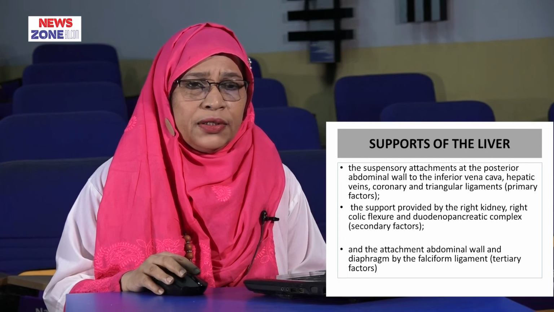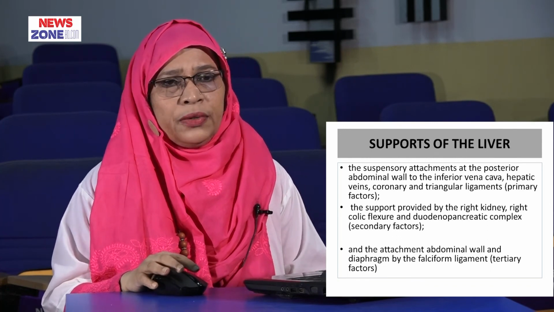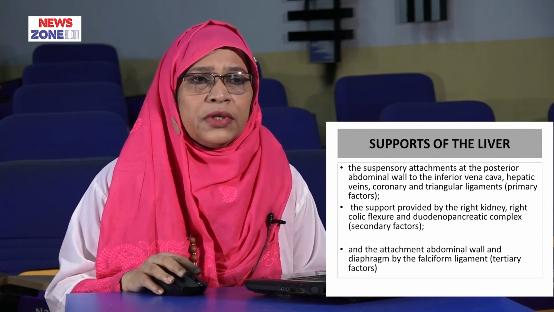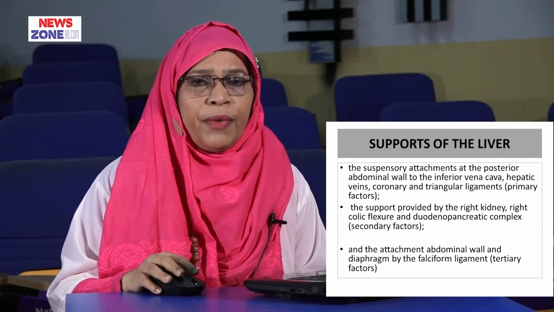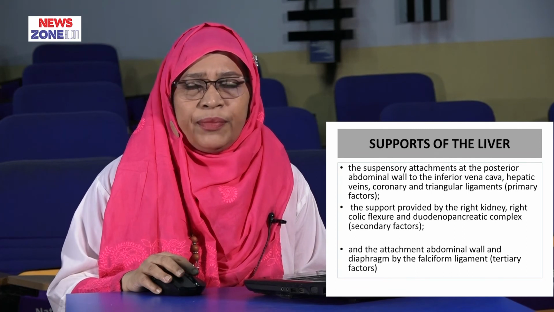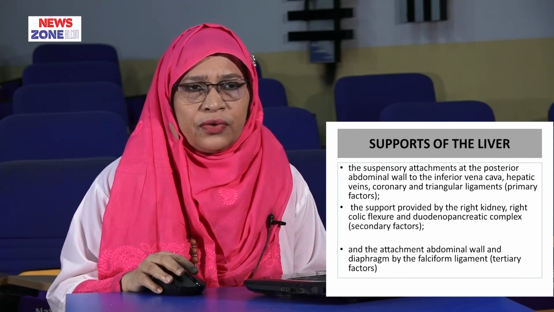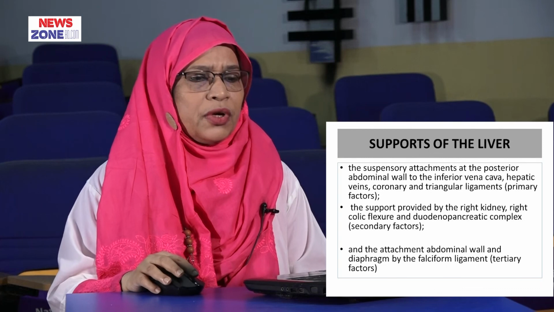So the inferior vena cava and hepatic veins support the main bulk of the liver, but intra-abdominal pressure and other factors are the accessory supports of the liver.